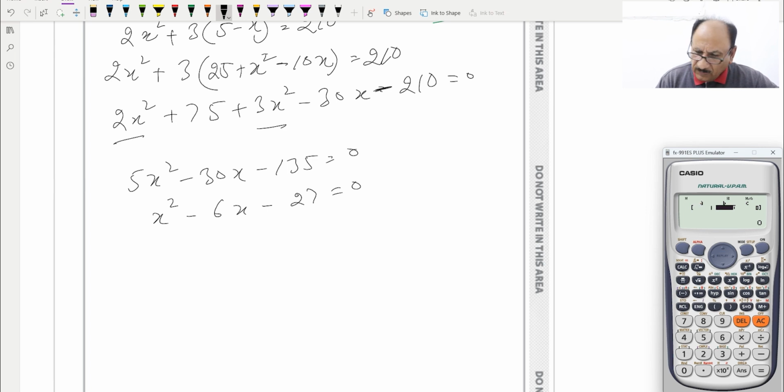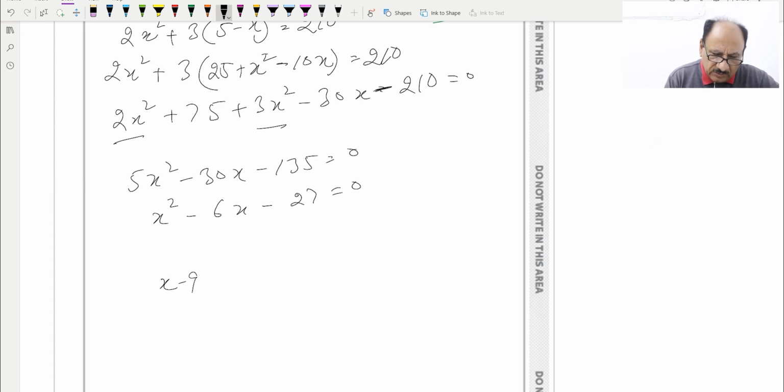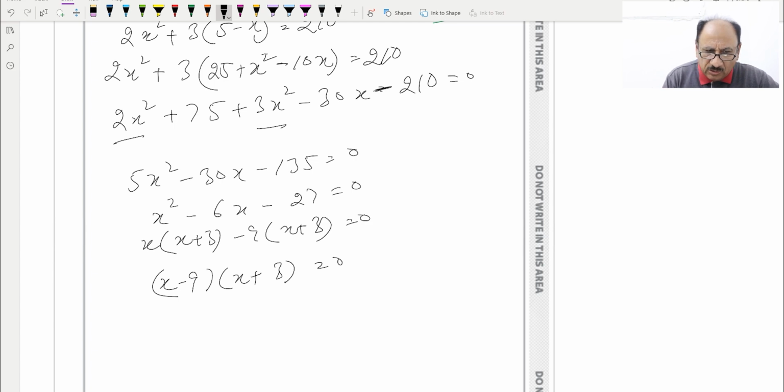So 1 and minus 6 and minus 27, and this will be equal to 9 and minus 3. So x minus 9 and x plus 3 is equal to 0, and you can write x into x plus 3 and minus 9 into x plus 3, and this is equal to 0.